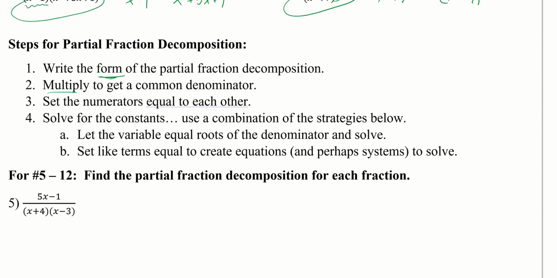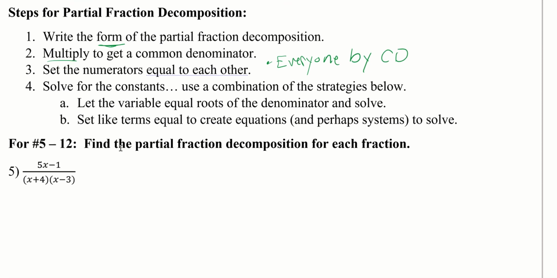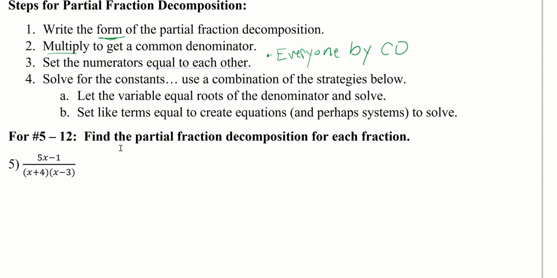Okay, so what I do is I multiply everyone by the common denominator. Cool. And then here, we're going to solve for those constants. Okay, so we'll solve for the A, the B, the C, all that kind of stuff using a combination of strategies.